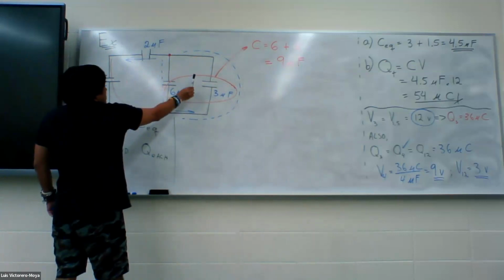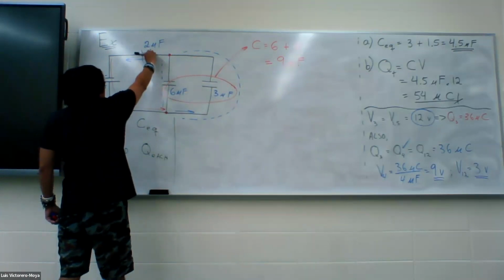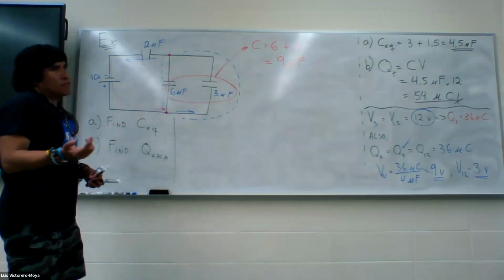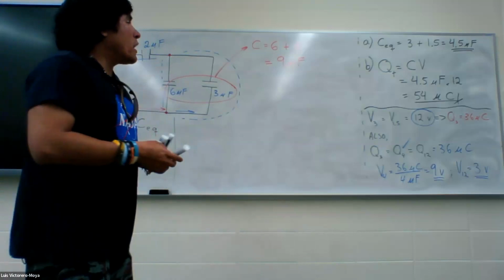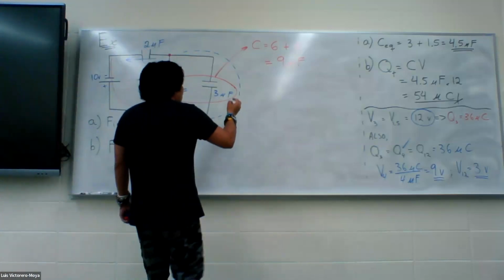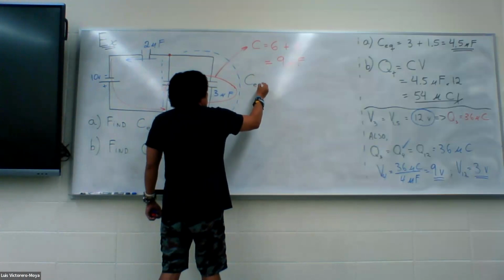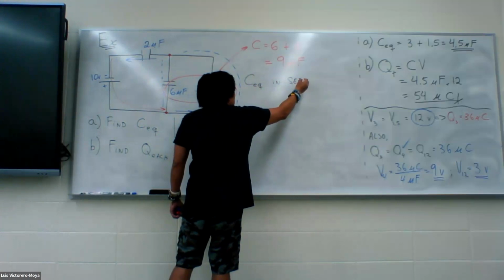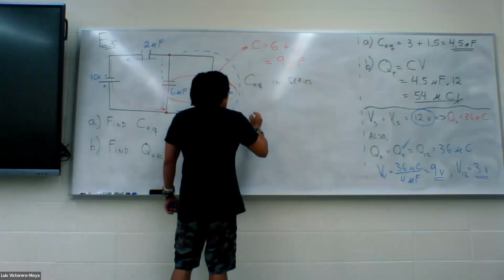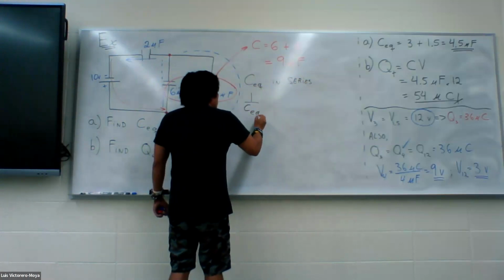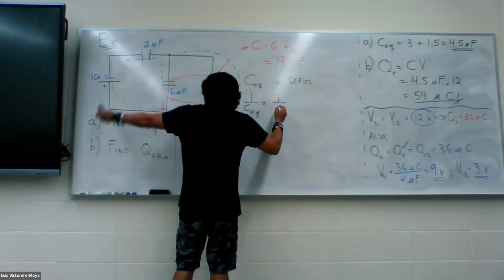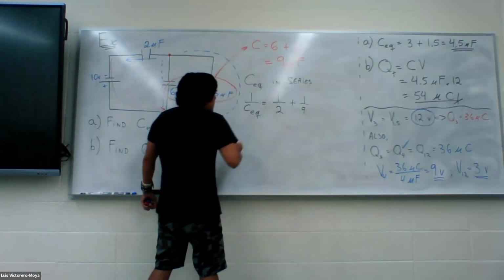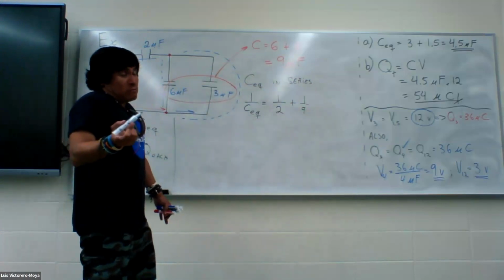All right. But this one here and the combination of these two are in series. Therefore, we have to find the equivalent capacitance in series. 1/C equals 1/2 plus 1/9. Well, the common denominator is 18.